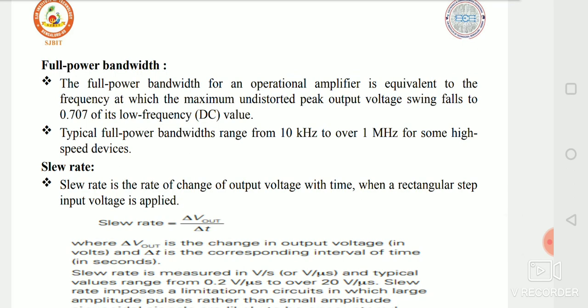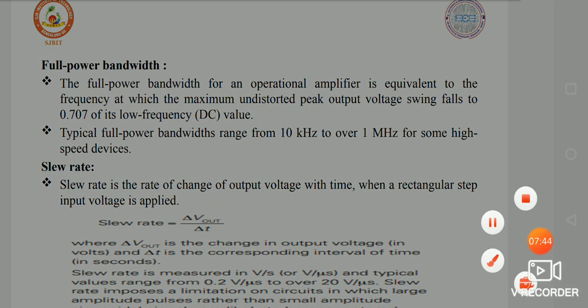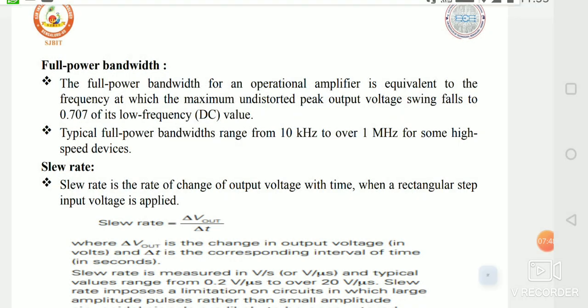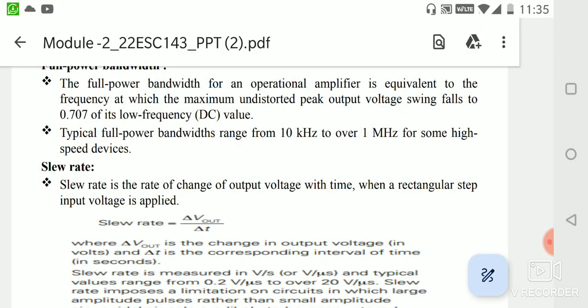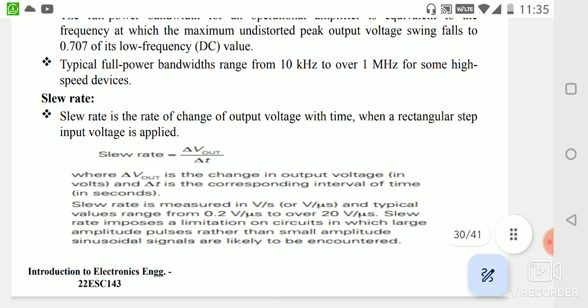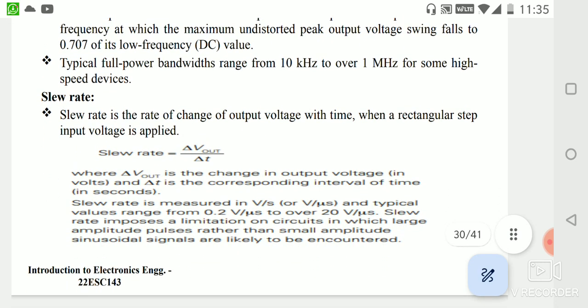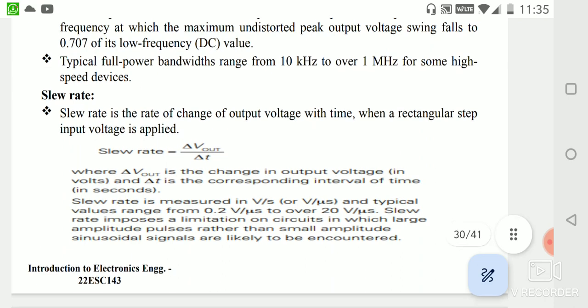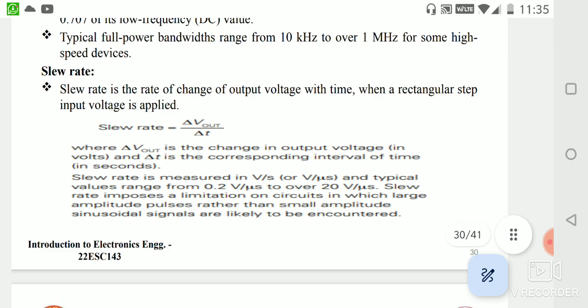And one more parameter is slew rate. Slew rate is the rate of change of output voltage with respect to time. Slew rate should be infinity, and this rate of change of voltage with respect to time should not be exceeded.